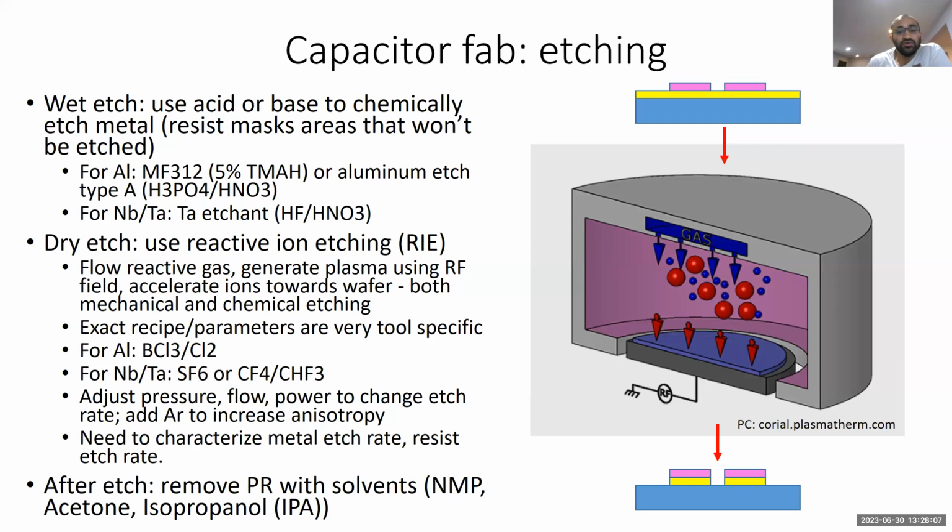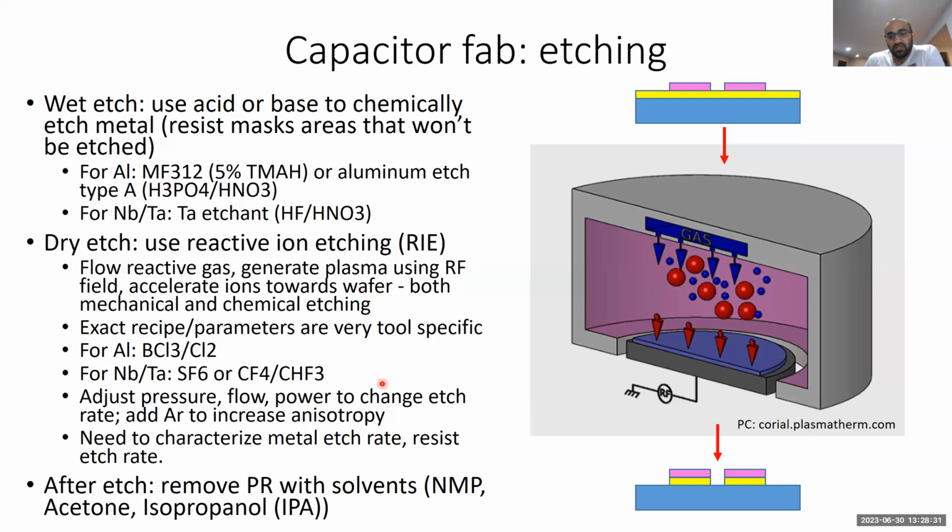You can also do a dry etch using reactive ion etching, and this is actually what we do for our tantalum process and our niobium process. For RIE, you're basically flowing a reactive gas and generating a plasma using an RF field, and then you're accelerating those reactive ions towards your wafer. This allows both chemical and mechanical etching.